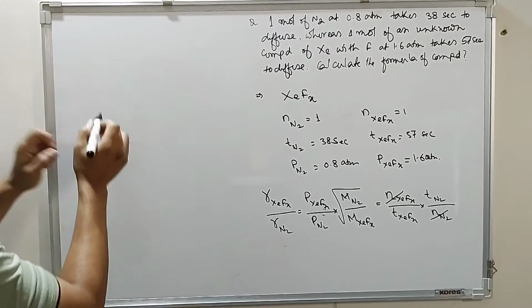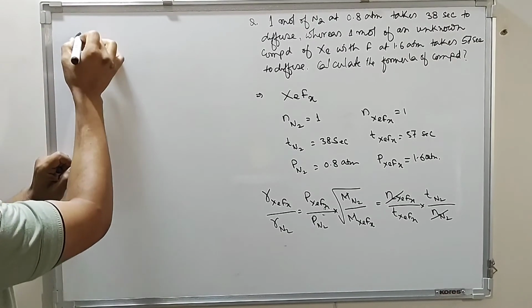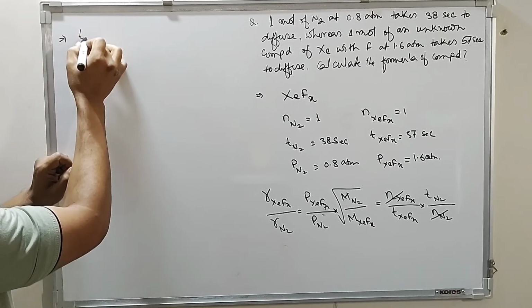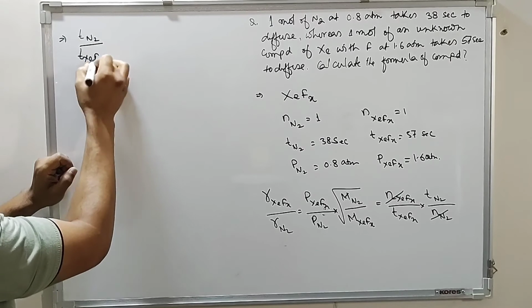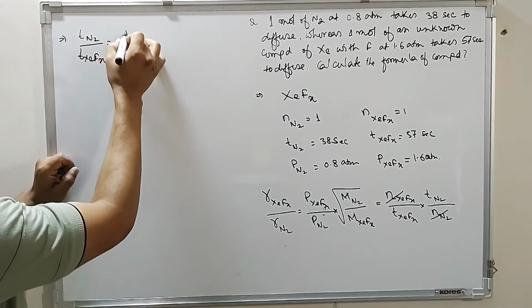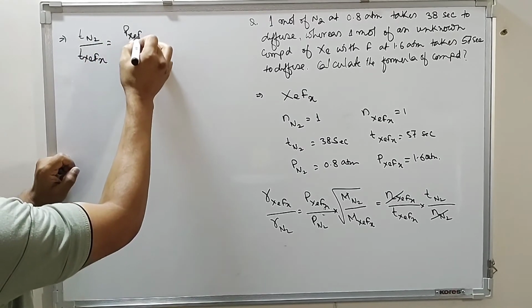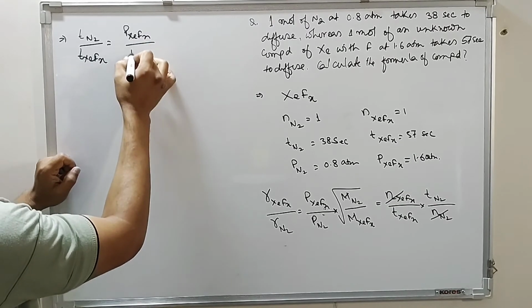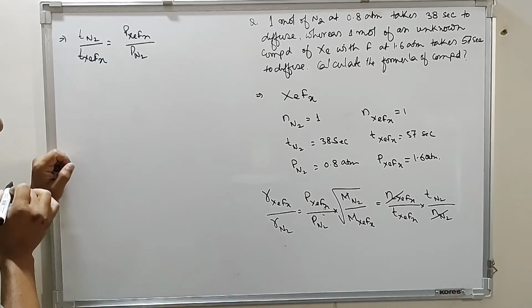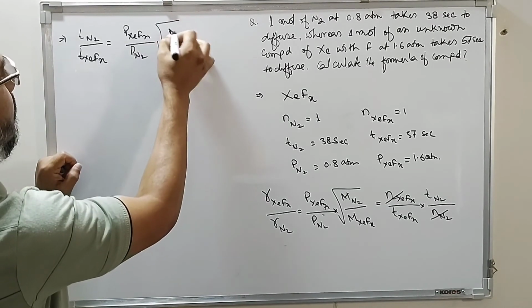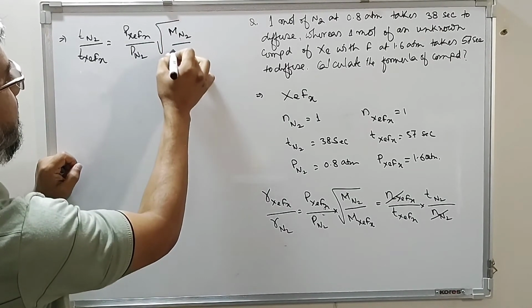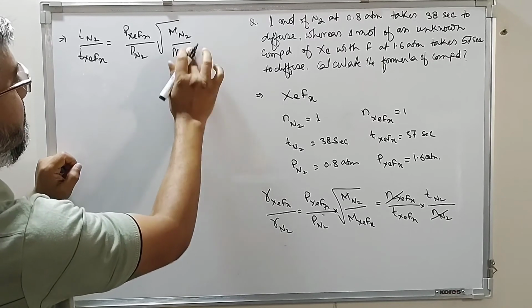So from this we can find the molecular mass of the unknown compound. Therefore, t of N2 divided by t of XeFx equals P of XeFx divided by P of N2, times the square root of the molar mass of N2 divided by the molar mass of the unknown compound.